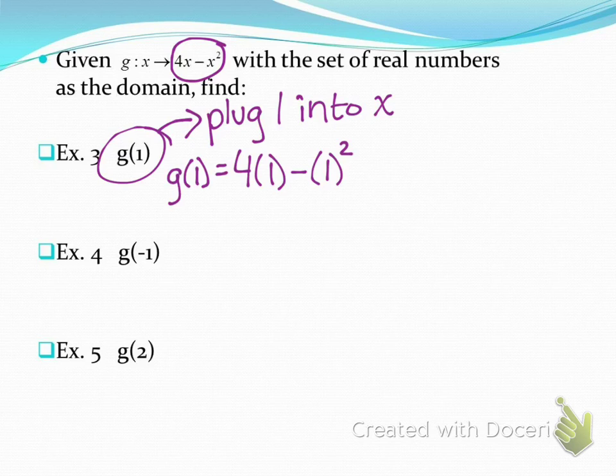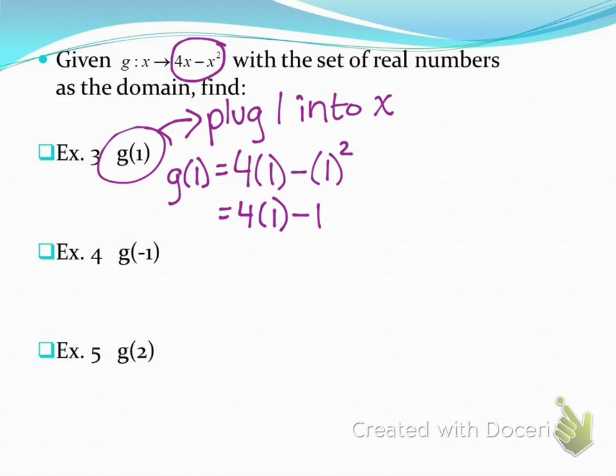Really, everything we've been doing today is all the same stuff, just written different ways. What's the first operation we're going to have to do? The exponent, what is 1 squared? 1. 1 times 1 is 1. My next operation is to multiply.